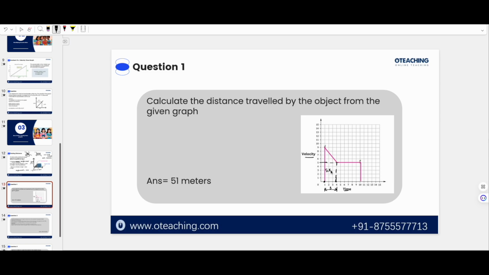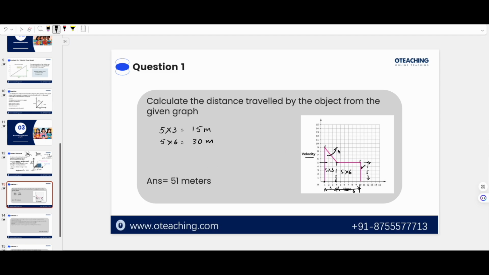So 5 times 3. For the bigger rectangle, the side is 10 minus 4, that is 6, and the other side is again 5. So 5 times 6. So 5 times 3 comes out to be 15 meters, and 5 times 6 comes out to be 30 meters.